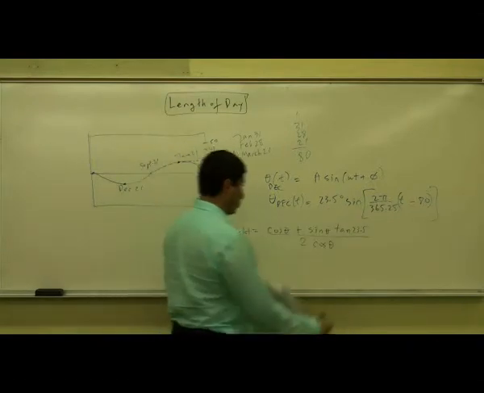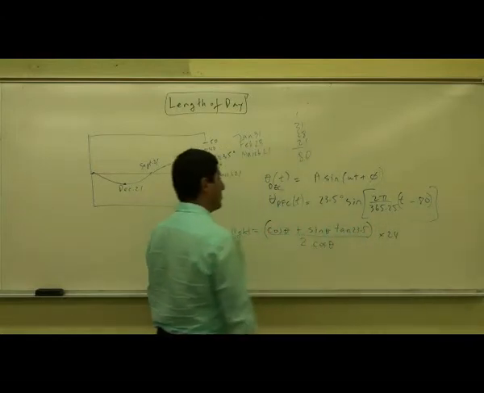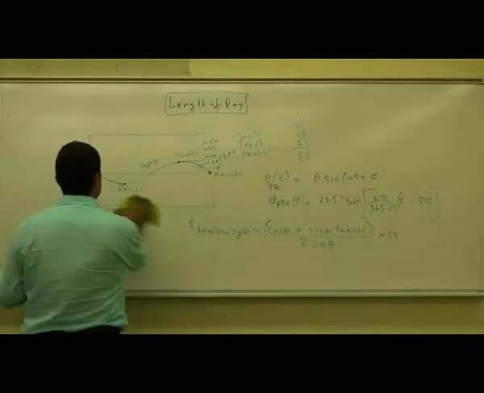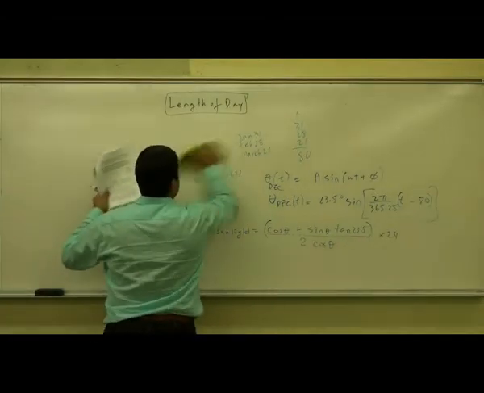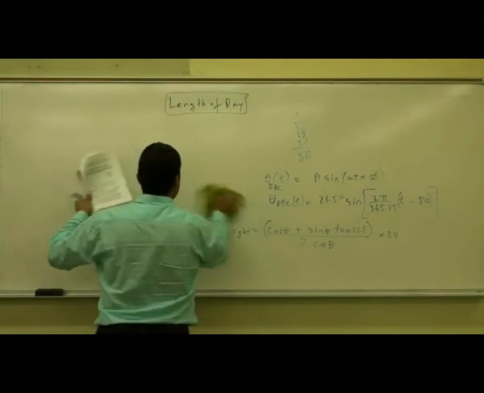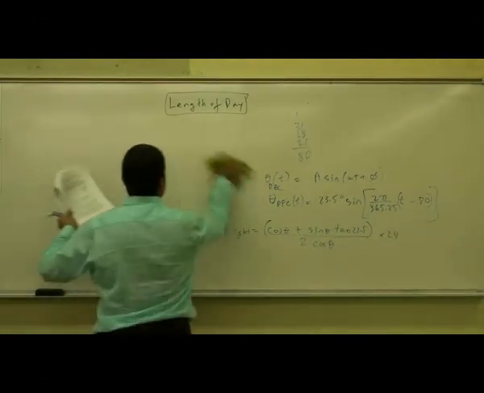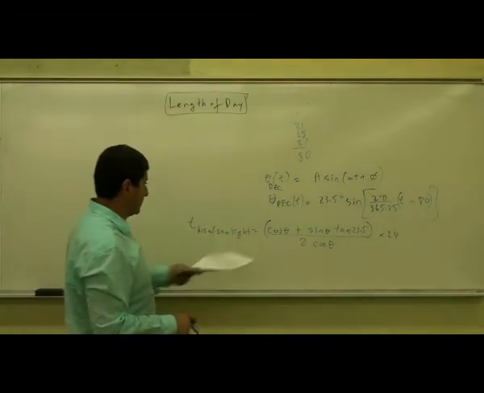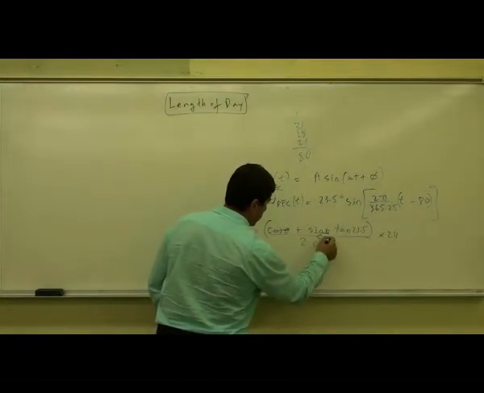And I multiply this by 24 hours. Now what I'm going to do to simplify this is divide everything by cosine theta, divide this and divide this by cosine theta.